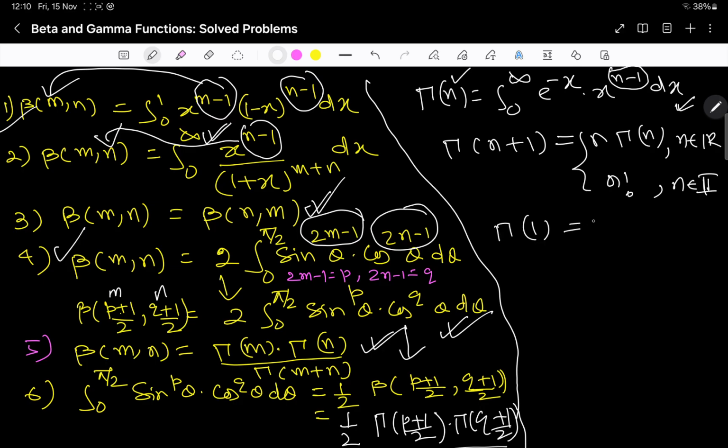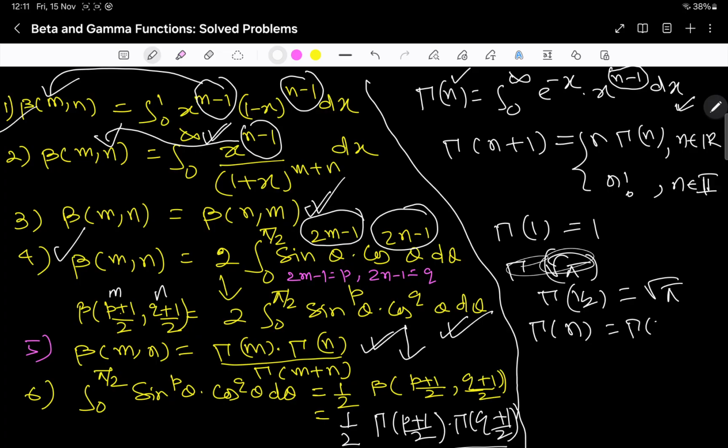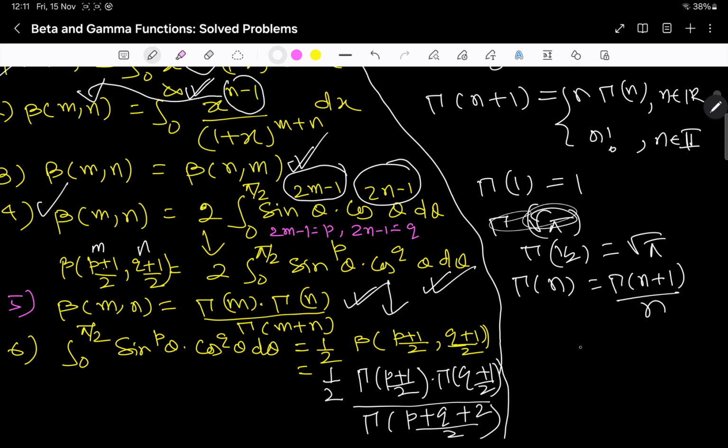Gamma of 1 is 1, gamma of half is root over pi. Likewise gamma(n) will be gamma(n plus 1) by n, and you will get gamma of 0 or a negative integer is infinity.